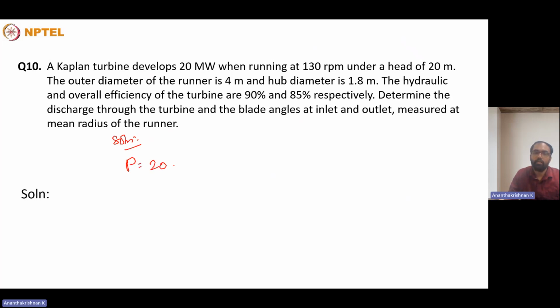power is given as 20 megawatt, 20 into 10 power 6 watt. RPM is 130. Head is 20 meters. Outer diameter is 4 meters. Hub diameter is 1.8 meters.